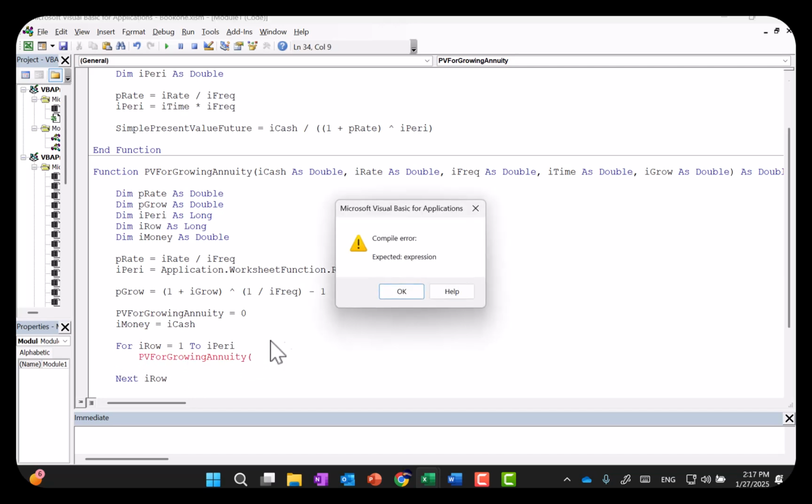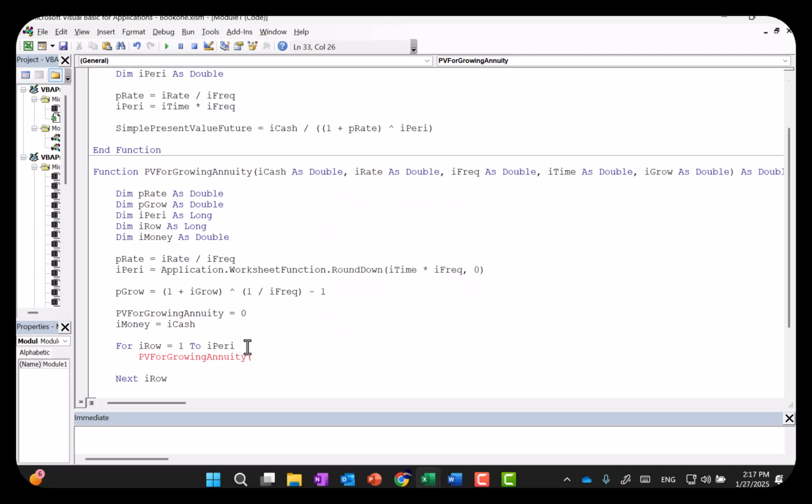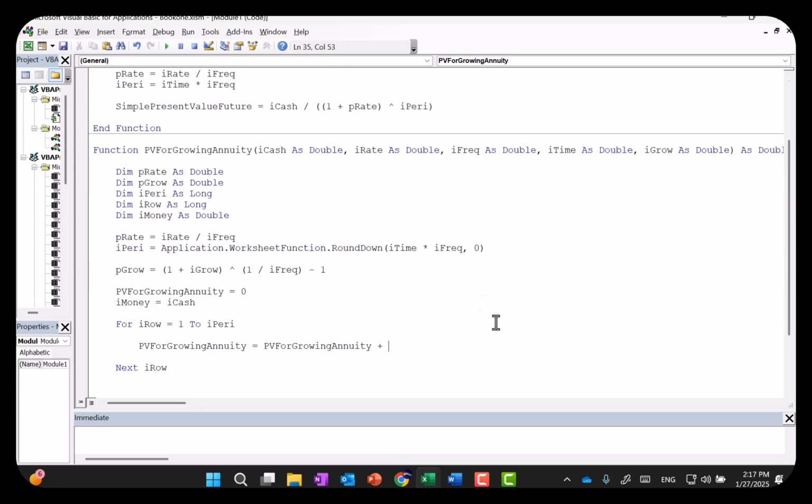PV for growing annuity plus, what's my simple present value function? I don't know if what I wrote is correct. If it hadn't been, it wouldn't have given me those suggestions for the arguments. The amount is going to be iMoney, whatever that period's money is. I already calculated iRate, so I'm going to make this equal to pRate.